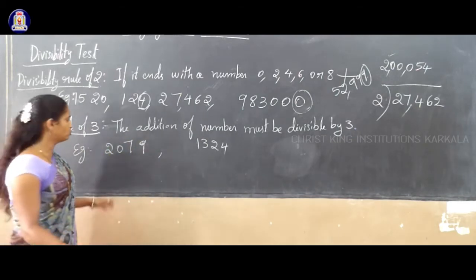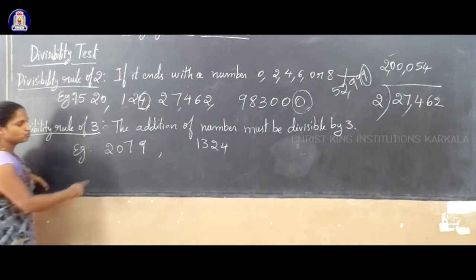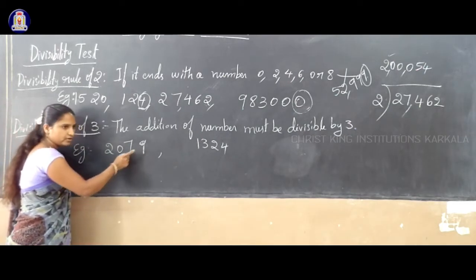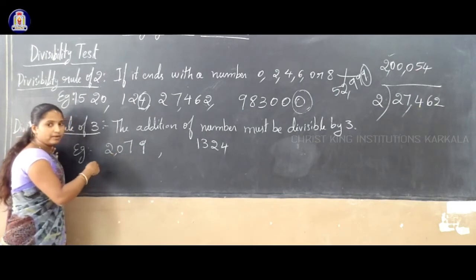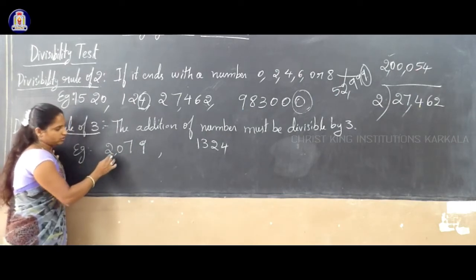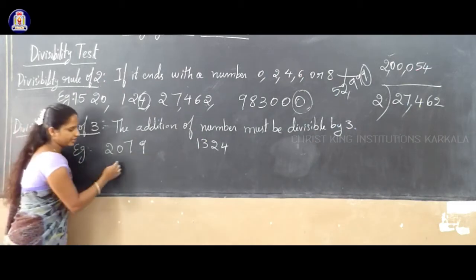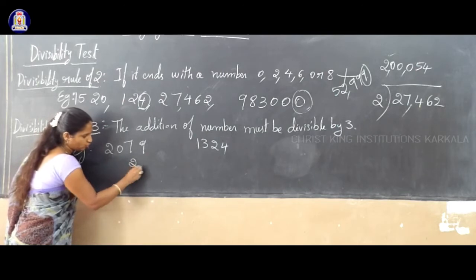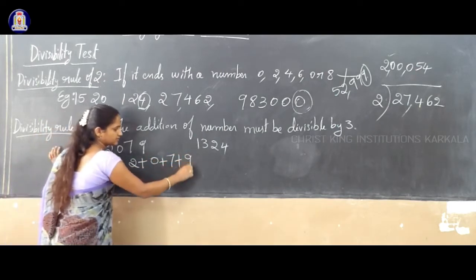So now, 2079. See, one example is given. You have to check whether this number is divisible by 3 or not. How can we check? Without doing the long division method, directly we can find the answer. Like this: 2 plus 0 plus 7 plus 9.